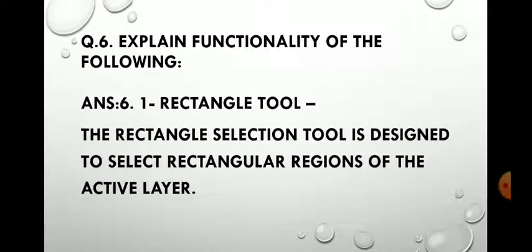Question 6 is, explain functionality of the following. Answer 6 is, first is rectangle tool. The rectangle selection tool is designed to select rectangular regions of the active layer.